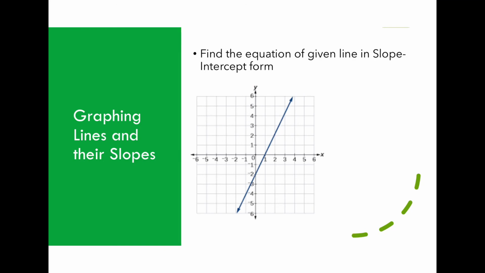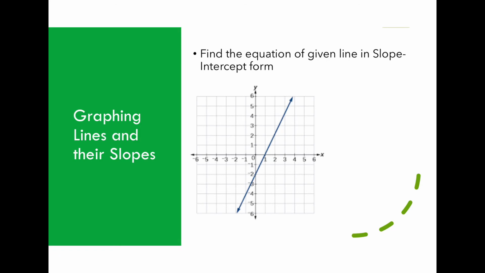Now, if I'm given an equation, or a graph, sometimes, depending on the graph, it's possible for me to actually find the slope-intercept form. Now, of course, one of the things that we really have to have in order to be able to do this, to look at a graph and come up with this equation, is to know what the y-intercept is.